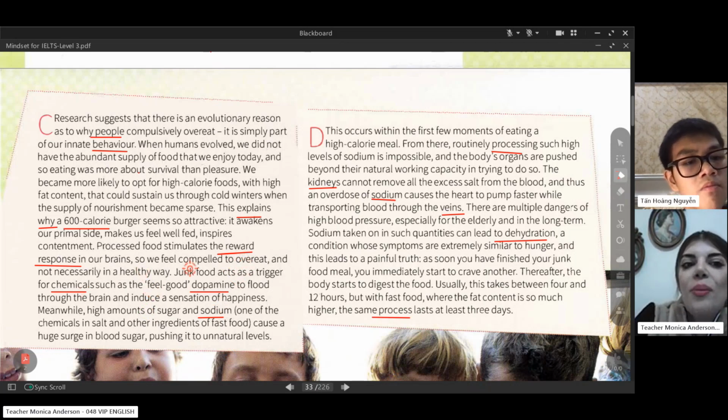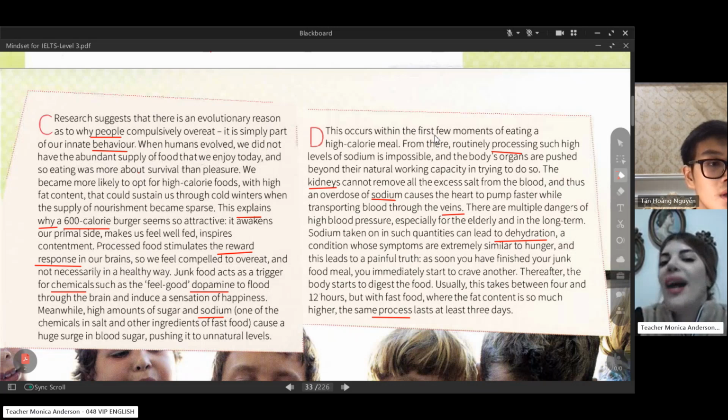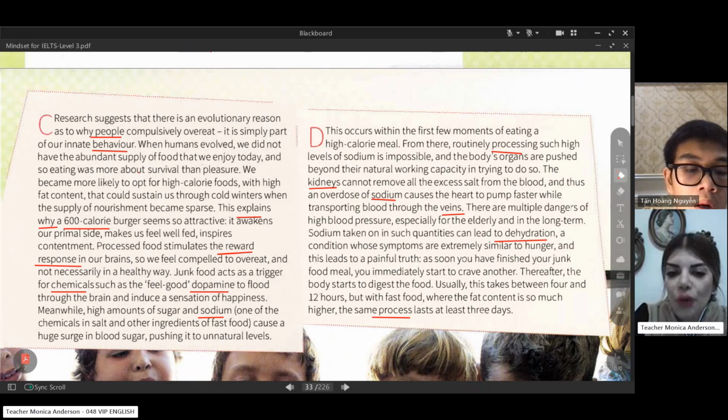But maybe the test is very difficult and it gives the paraphrase of this word or synonym. Of course, yes, but there is something. As I told you, we have two types of words, keywords and anchor words. Anchor words are the most important words that actually are not replaced by synonyms.